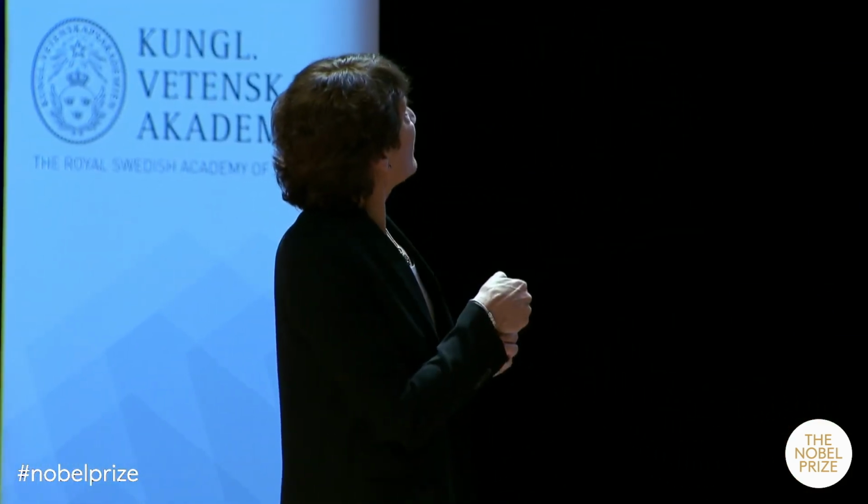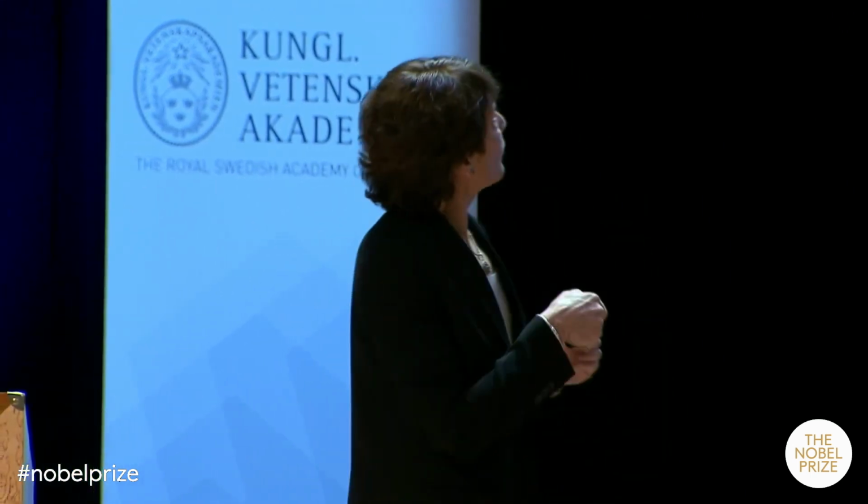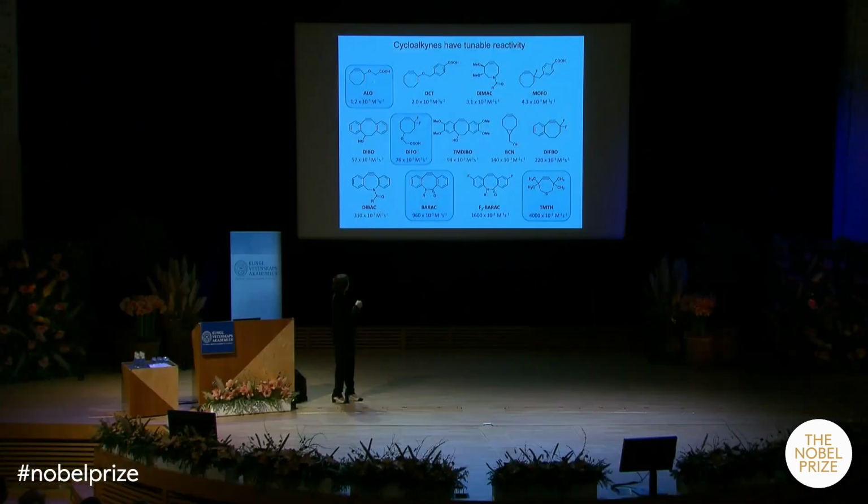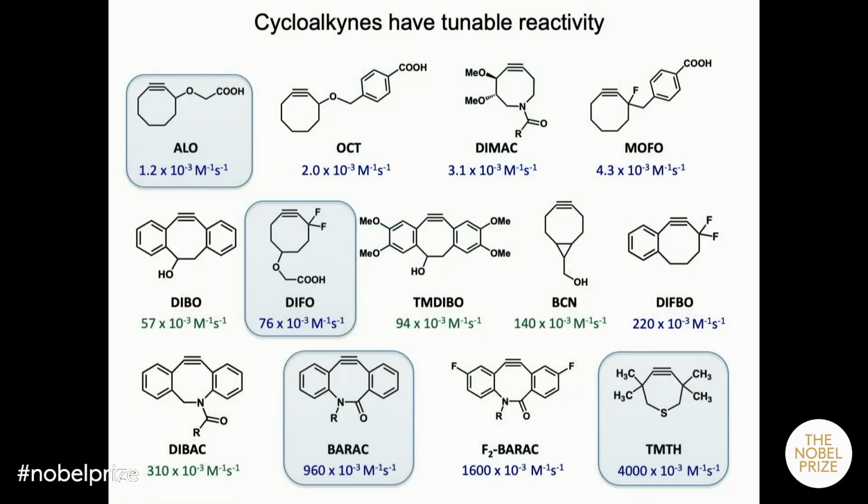Just to give a few examples, in the upper left is a very simple cyclooctyne, which would react with a model azide with a second order rate constant that was kind of on par with the Staudinger ligation. So that was our starting point, but we knew that we needed to enhance the rate by a few orders of magnitude.